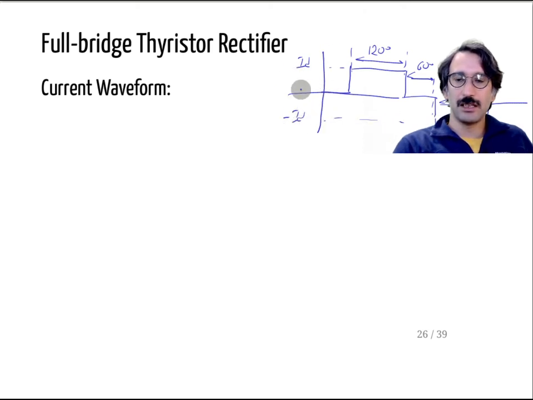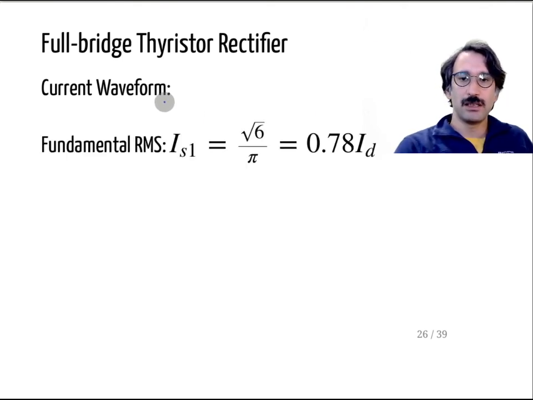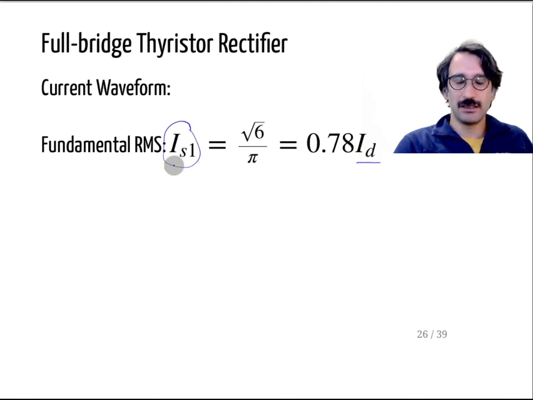So if you take that current waveform, and you calculate the RMS for that one, then you will find the fundamental RMS is going to be square root 6 divided by pi, and it is equal to 0.78 ID. This is for the fundamental RMS.